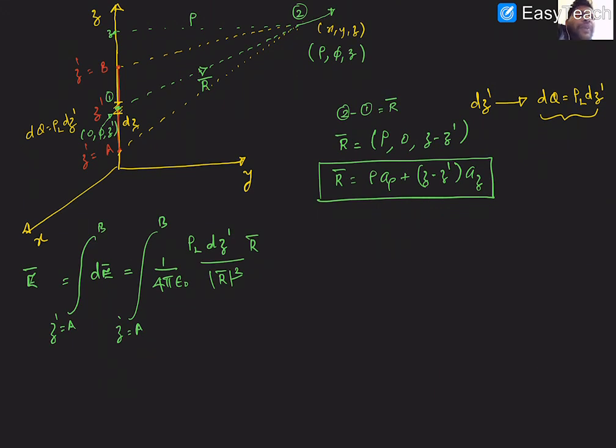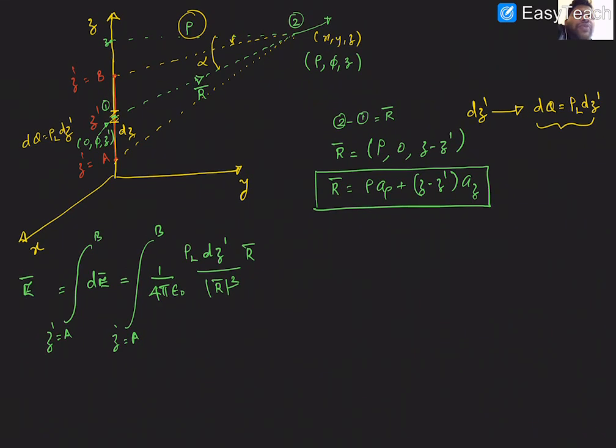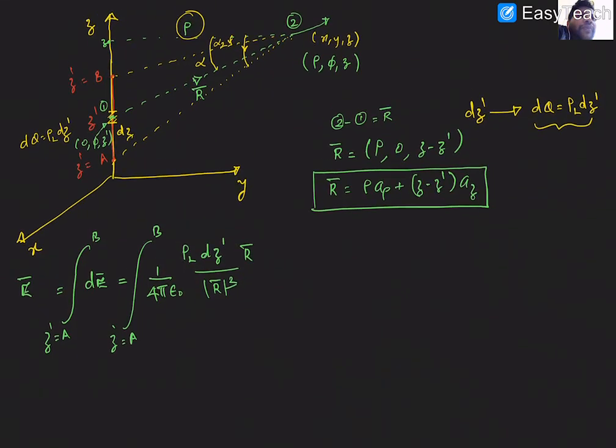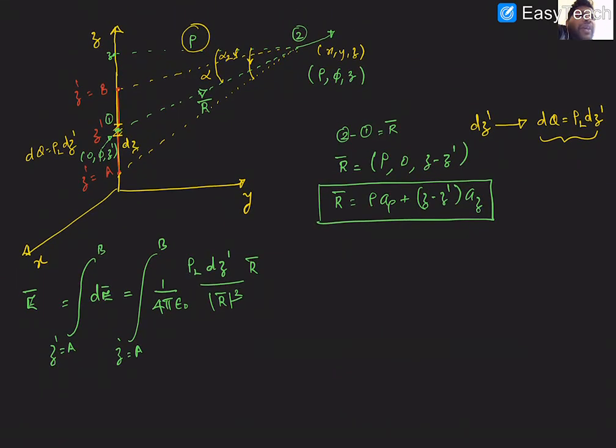Now you see, the angle from my line rho is nothing but alpha, and this angle, this is to the point b, so we will call alpha 2, and the line from rho to z dash, the line which is joining a and the point 2, is nothing but alpha 1.